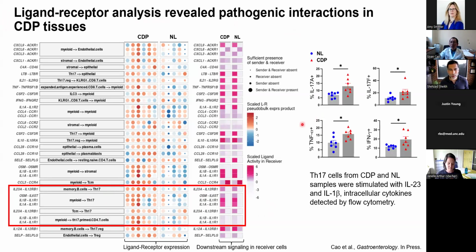To validate those findings, we collected T cells from CDP and normal samples, stimulated them ex vivo with IL-23 and IL-1 beta, and detected the intracellular cytokines by flow cytometry. Here you can see the Th17 cells from CDP tissues produce significantly higher cytokines, including IL-17, TNF-alpha, and interferon gamma, which may contribute to the chronic inflammation of CDP.